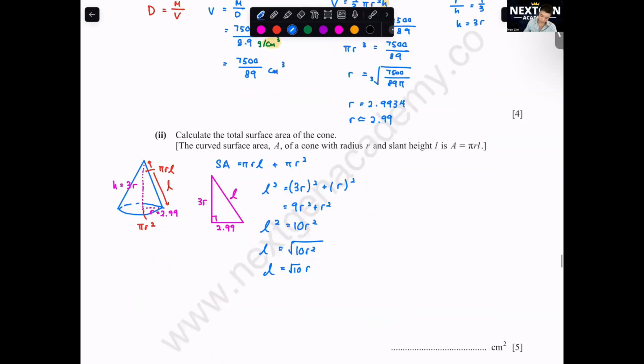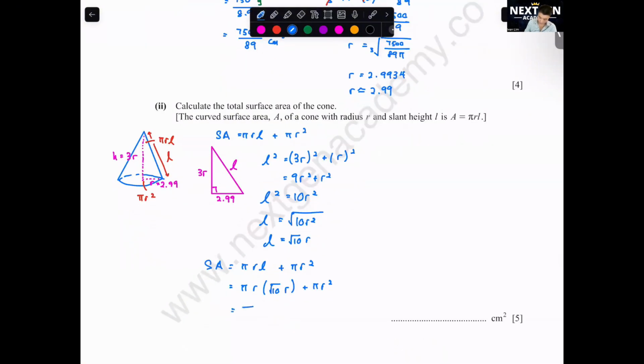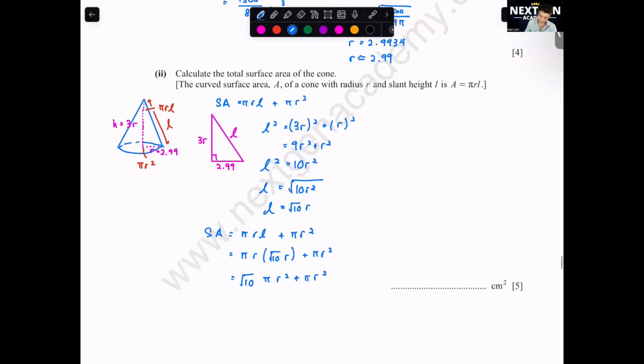Now I want to fit into the formula. SA equals pi r l plus pi r squared. Pi r root 10 r plus pi r squared. You get root 10 pi r squared plus pi r squared. Okay, can you add this up together?